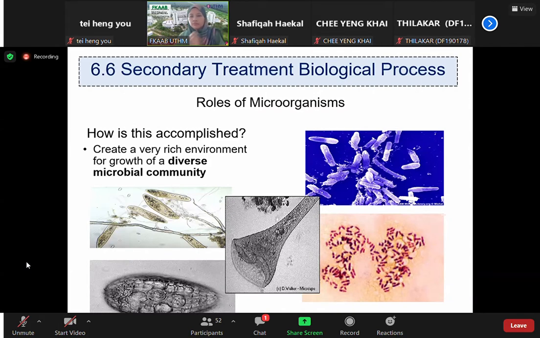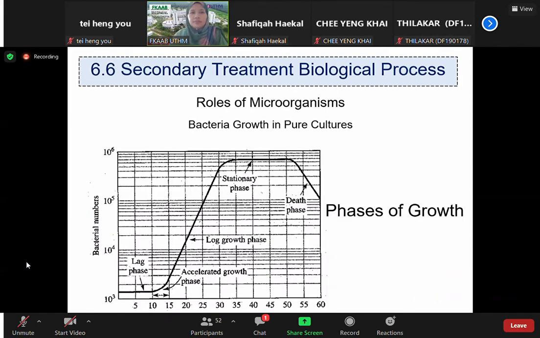Sama this one. The bacteria itself is like us, like human beings. Kita ada masa lag phase, kita ada grow. Dah sampai masa dia akan sampai ke fasa stationary phase. Macam kita lah, kita lahir, dan kita grow.